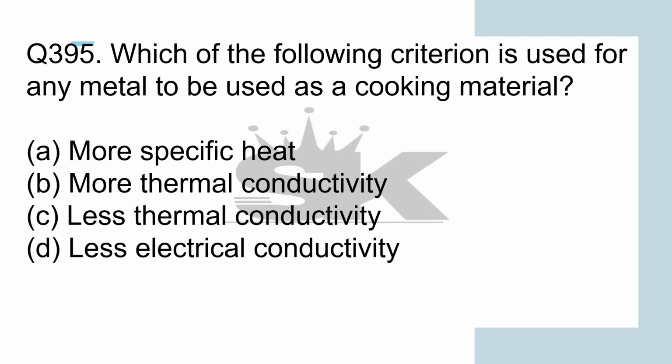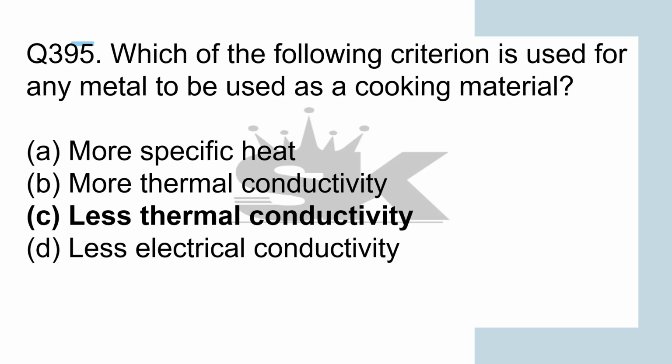Therefore they require high thermal conductivity, not lower one. Materials with low thermal conductivity, like some types of stainless steel, can retain more heat but are not ideal for even heat distribution. So here we consider the metal. So that's why the less thermal conductivity is the answer.